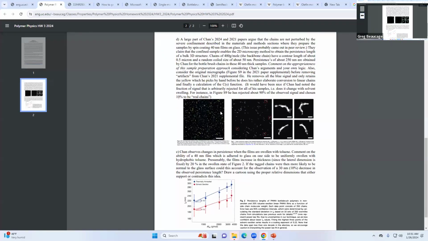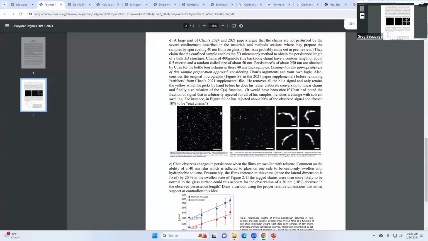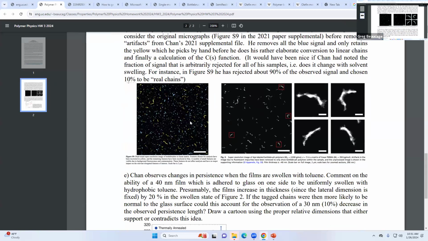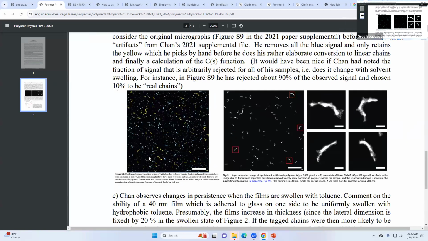So, right, this is where things get dicey quickly in this paper, okay? You don't find out until you look at the supplemental from the 2021, that he tags his molecule, sticks it in the microscope, does fluorescence, gets this image. Okay, that's step one. Then he says, well, the blue and the yellow are identical. He picks by hand the yellow.